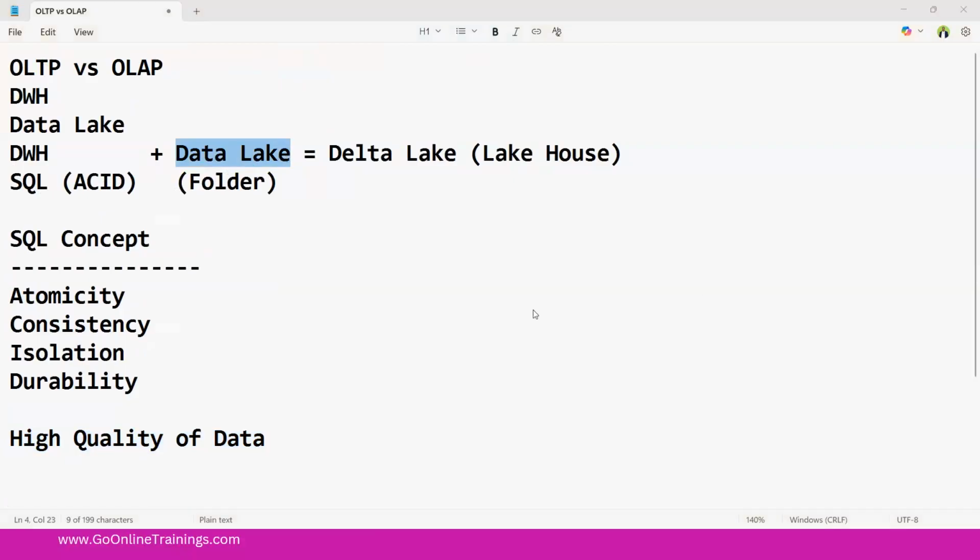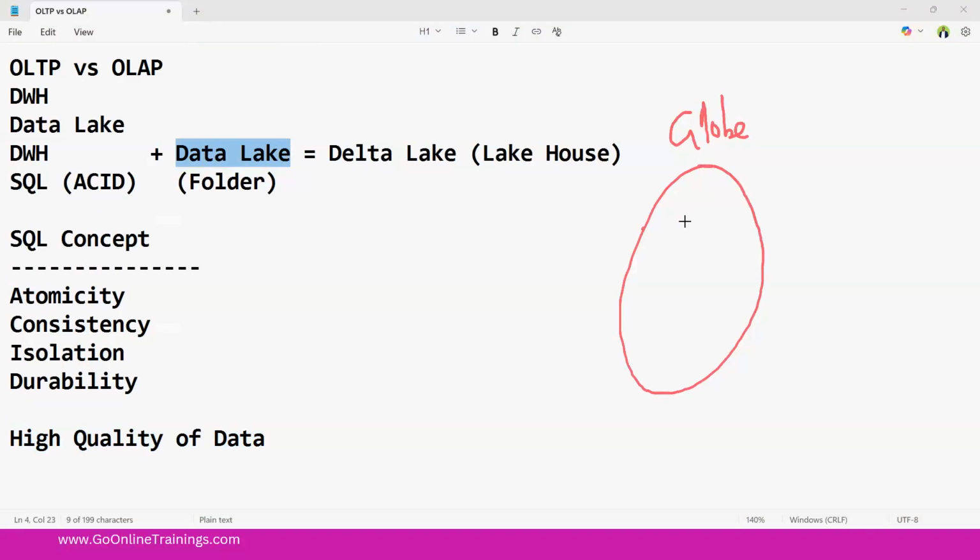As we discussed already, this is your entire global data. When you take the entire globe, only SQL data will be 20%, and the remaining 80% will be non-SQL data.